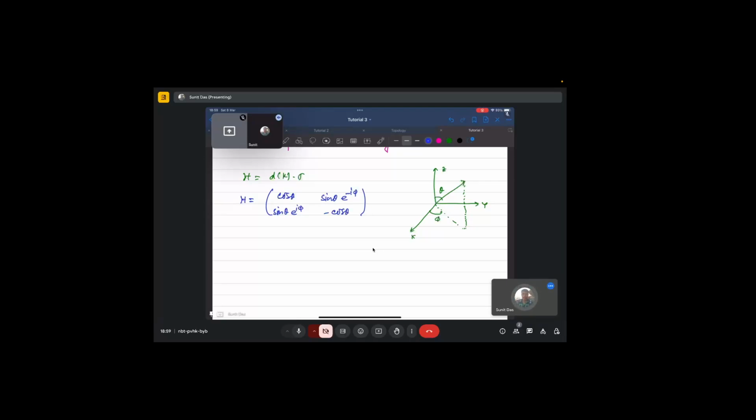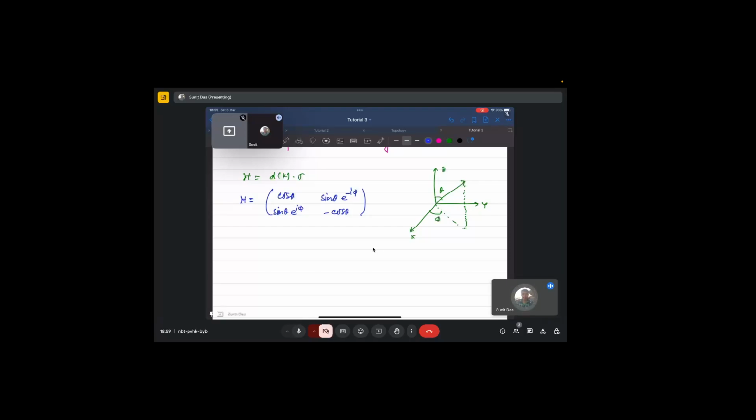So, any 2 by 2 Hamiltonian you can parameterize as this one, okay, and theta will be some function of dk, dx, dy, dz and so on, so is phi. One simple example you can remember is spin in a magnetic field in the basic quantum mechanics books of Griffiths, let us say.